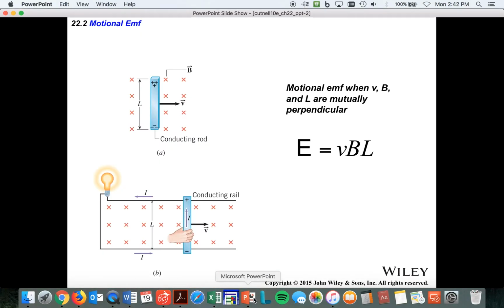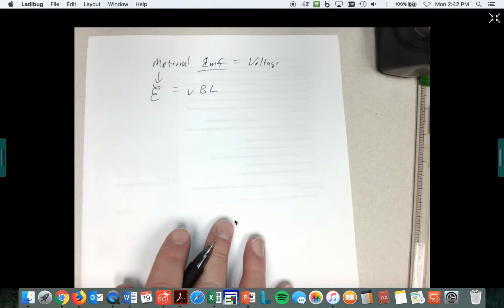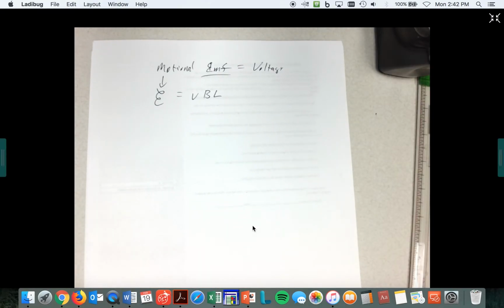I always get this wrong because I don't use this one very often. vBL, in a circuit like this.